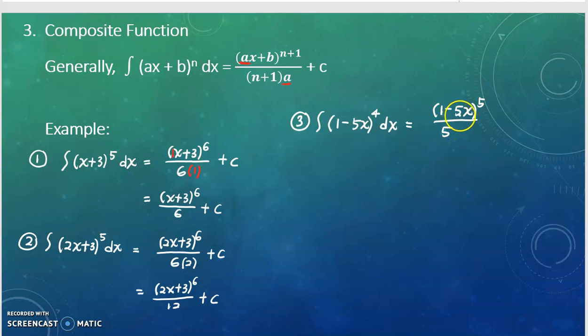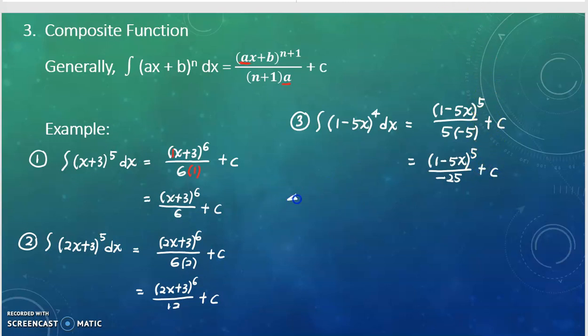In this example, the coefficient of x is negative 5, so we have to multiply by negative 5, plus c. So here it will be (1 - 5x)^5 over negative 25 plus c.